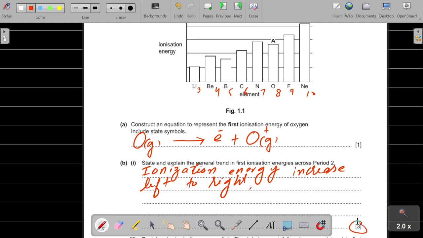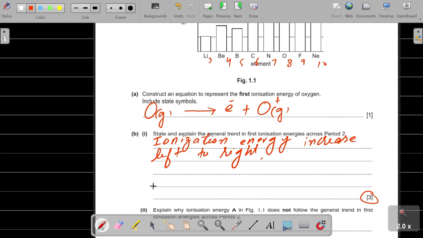Now we have a 3 mark question, so we need to write 2 other points. Then, left to right, proton number is increasing. Proton number increases left to right.